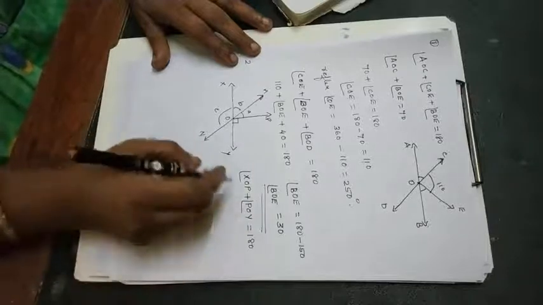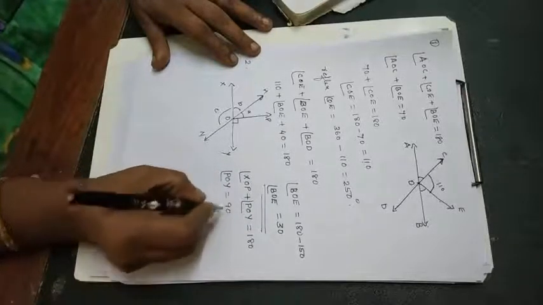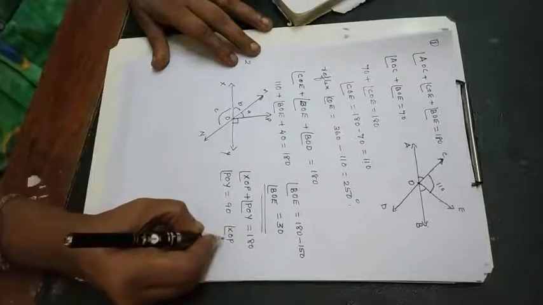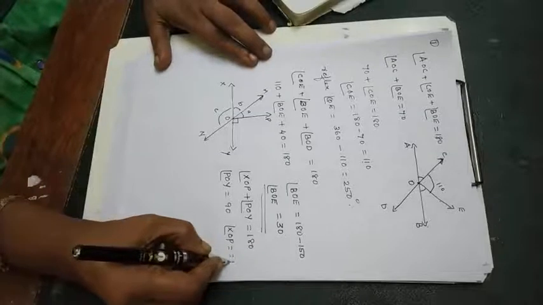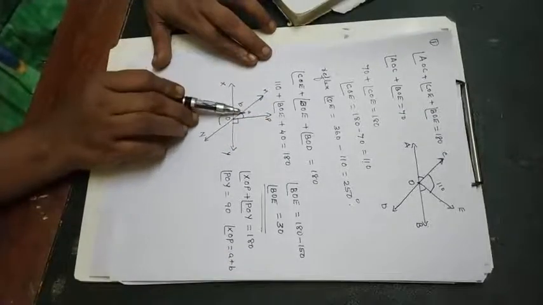Okay, POY is equal to what? 90 degree. Our XOP is what? XOP is equal to a plus b. This angle XOP will be equal to a plus b.